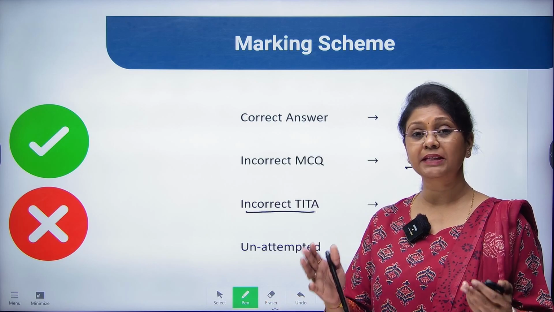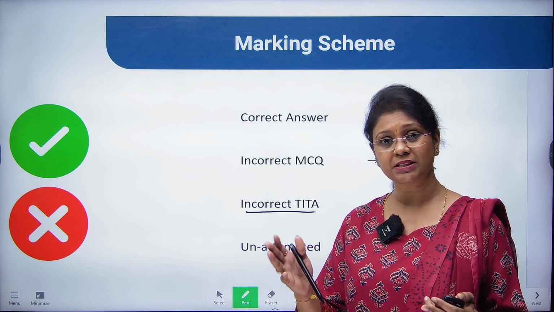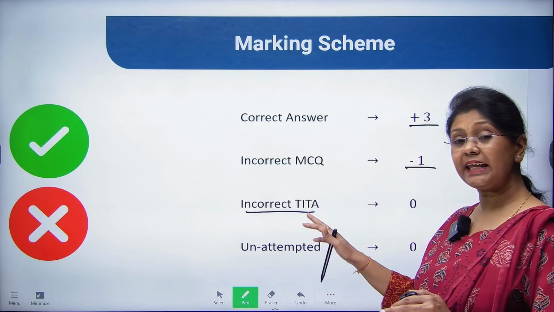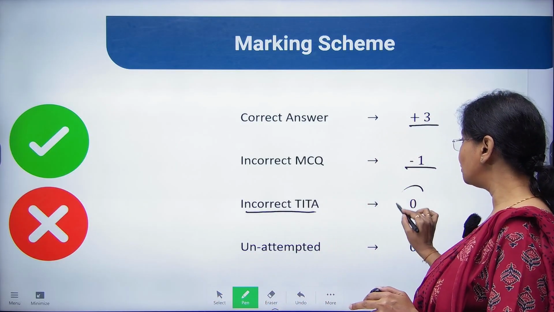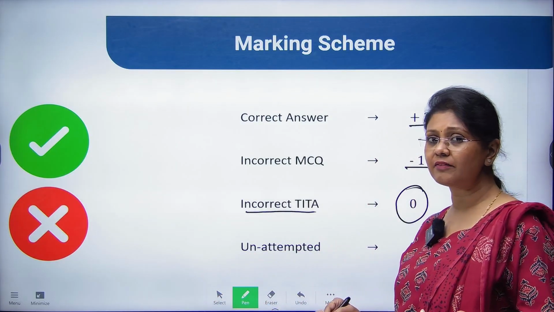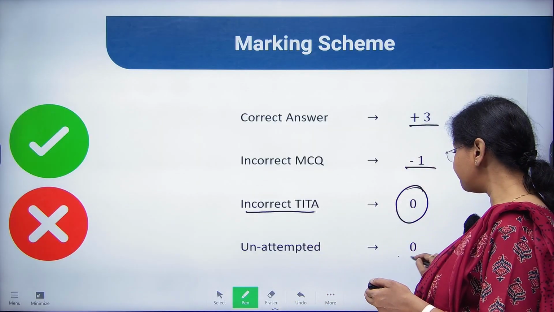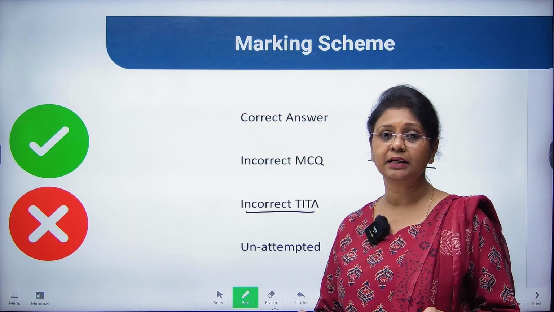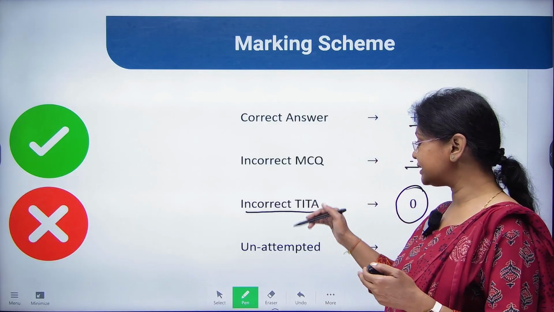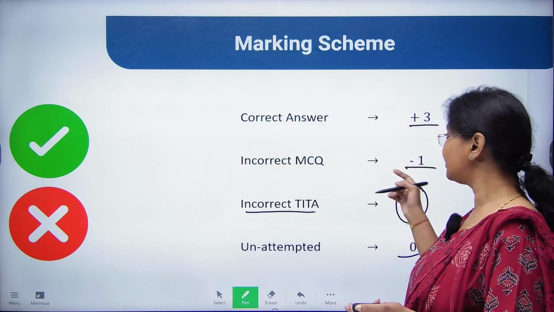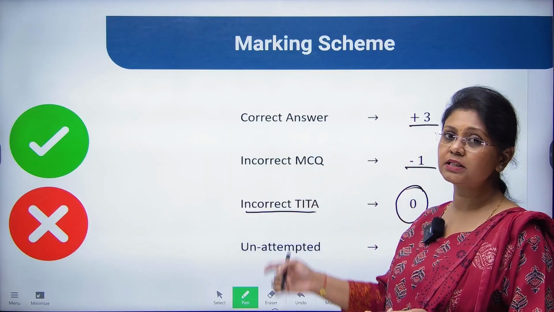So sometimes CAT does give you questions where there are no options and you have to type in your answers there. For an incorrect TITA question there is no negative marking, so you would not have any profit or loss, and for any unattempted question also you would not have any penalty. So for TITA and unattempted, no negative marks. For an incorrect MCQ question you have -1. For every correct answer you have +3.